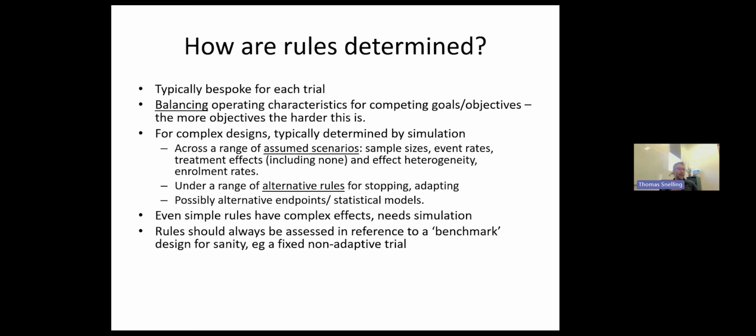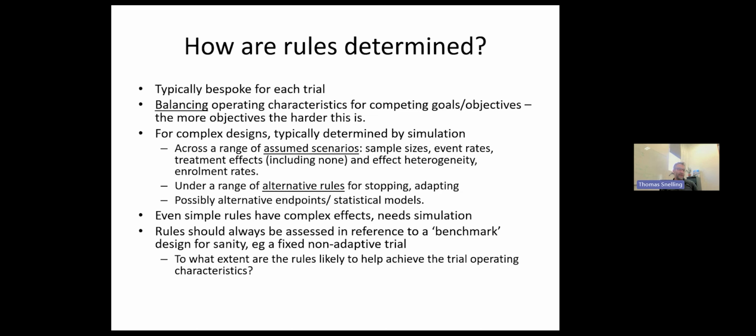And it's important when you do that, that any complex adaptive rules should always be assessed in reference to some simpler benchmark design. This serves as our sanity check. How much better is our complex design in terms of the operating characteristics compared to a benchmark design, which might be a simple fixed sample size, non-adaptive trial?